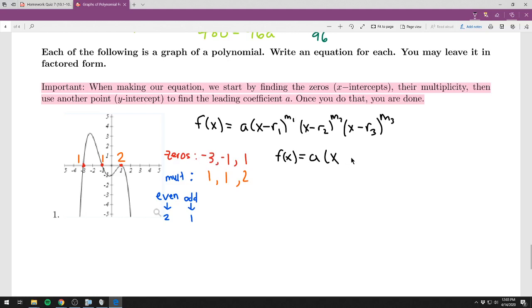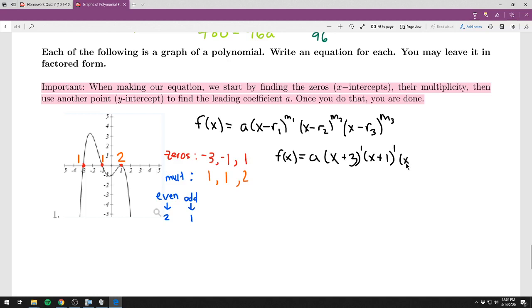So for -3, we got x plus 3. And that's to the first power. The multiplicity of -3 is 1. The second one, I'm just going to go in order. We got -1 for our 0. We got x plus 1 when we plug that in. And its multiplicity is 1. That's to the first power. And then the last 0 we have is 1.